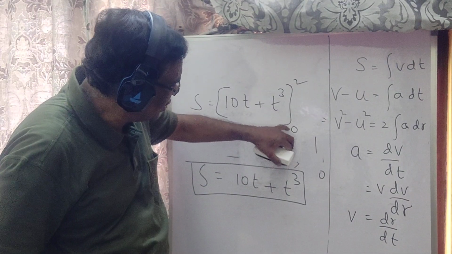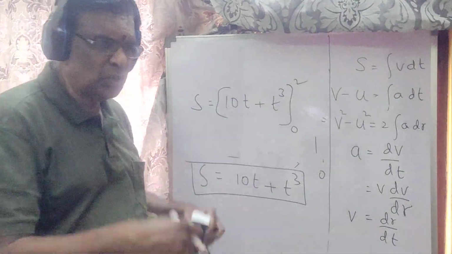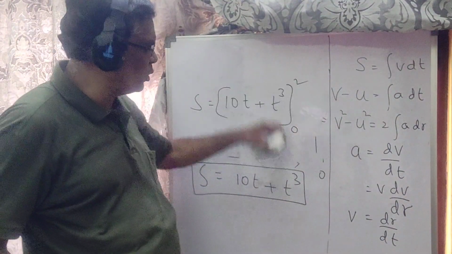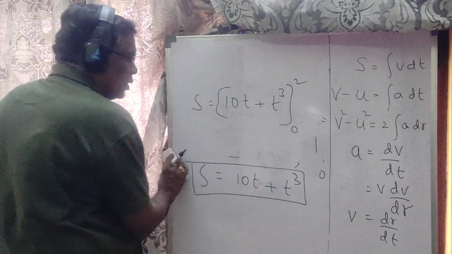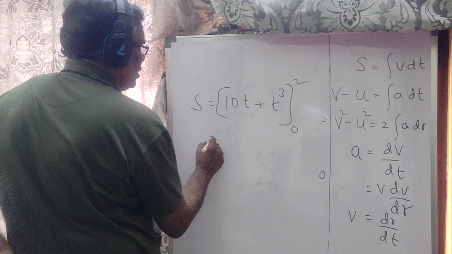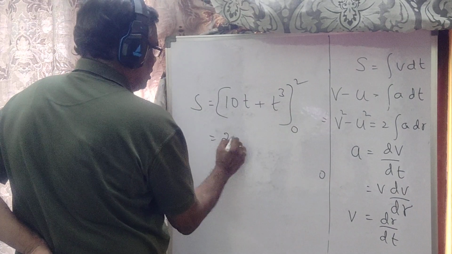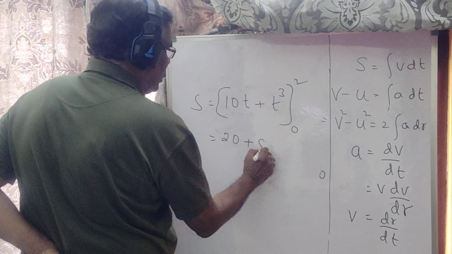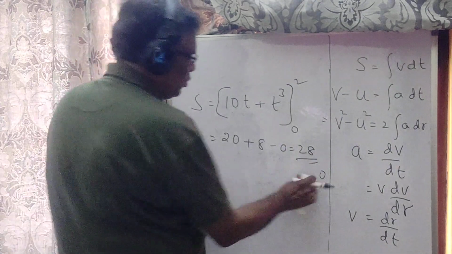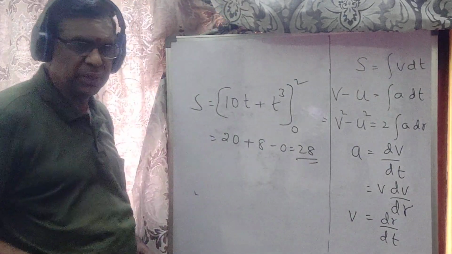First means initial, 0 to 2. Otherwise, let them say 2 to 4, 2 to 5, so you put 2 to 5. 3 to 8, you put 3 to 8, whatever they say, you can do that. And now you substitute simply in those limits, and then you get 20 plus 8 minus 0. So 28 units is the displacement.